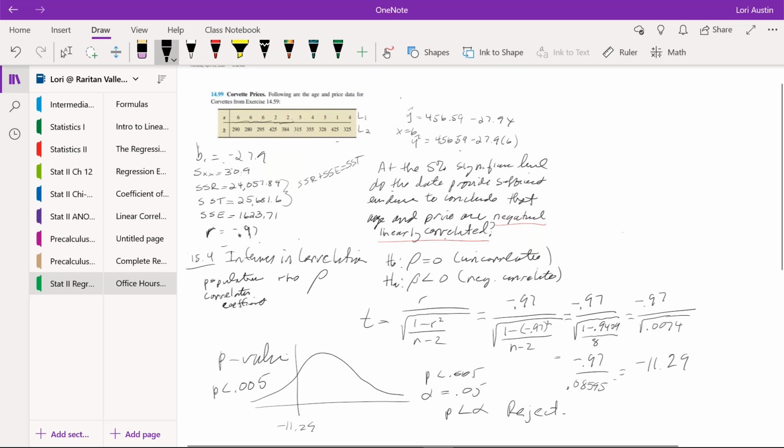And then when you go to tests, there's something called a linear regression t-test, and it will actually do both the beta and the rho for you. You have to select for the rho whether you're doing a not equal to, a less than 0, or greater than 0. And you can get exact p-values from your calculator.